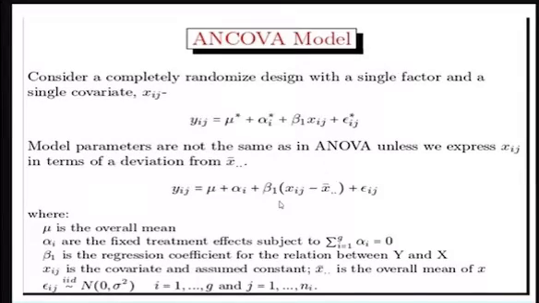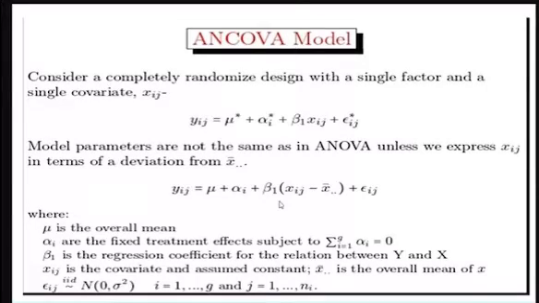Now I presented to you the ANCOVA model. What if in the exam I ask you to write the ANCOVA model? That's what you can see now. And of course, the components of the ANCOVA model are defined. What is mu? Overall mean. What is alpha i? Fixed treatment effect, subject to the summation of alpha i equal to 0.